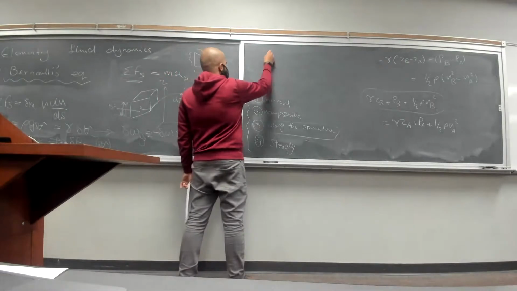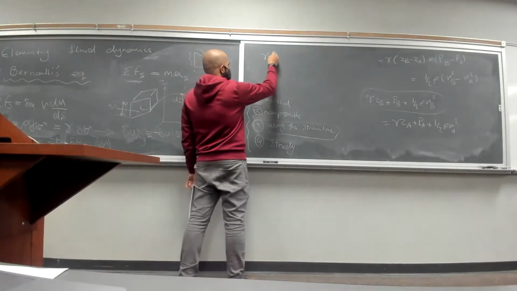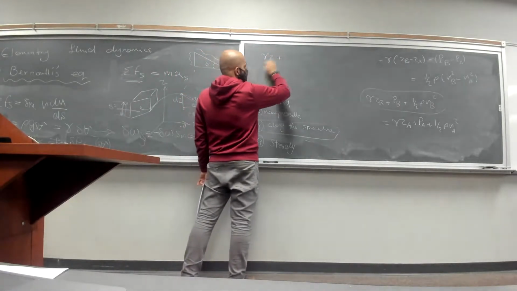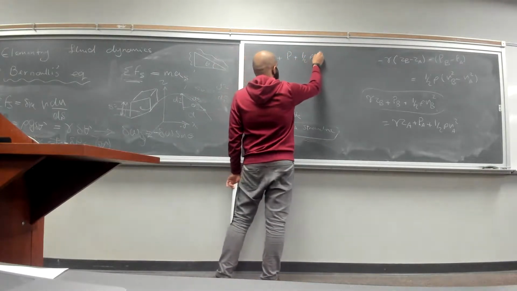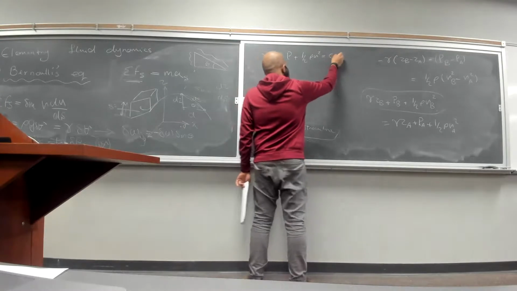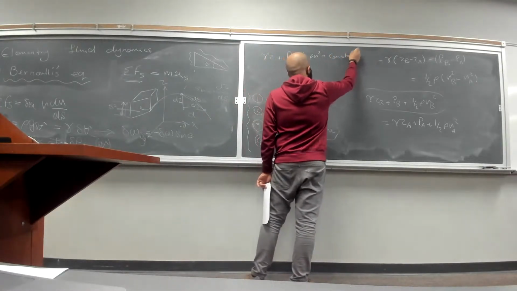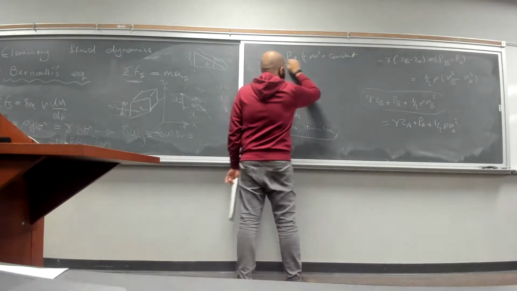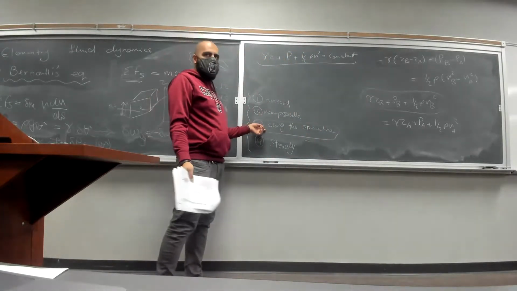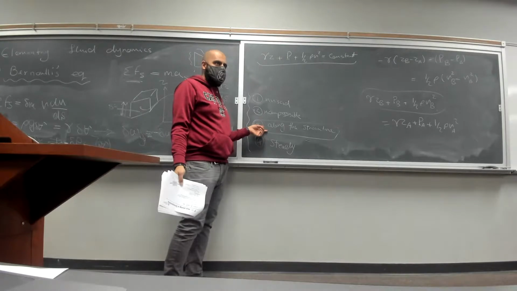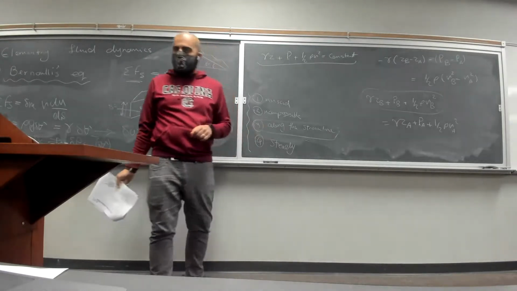Is going to remain constant on a streamline. So gamma z plus pressure plus 1/2 rho v squared is going to remain constant. So you can apply this equation between any 2 points on a streamline. Okay?